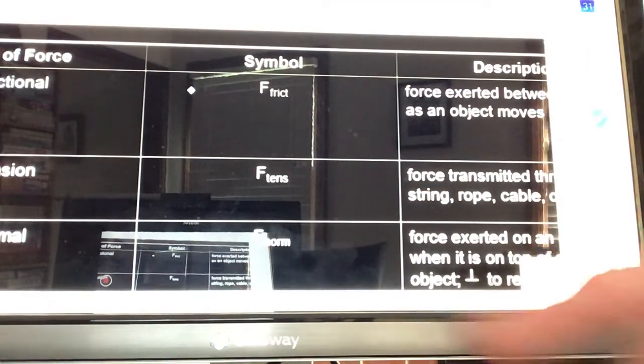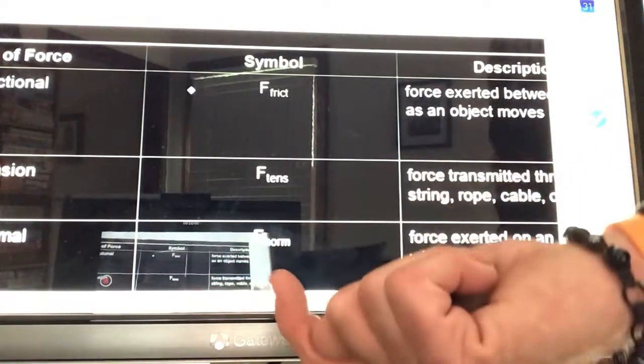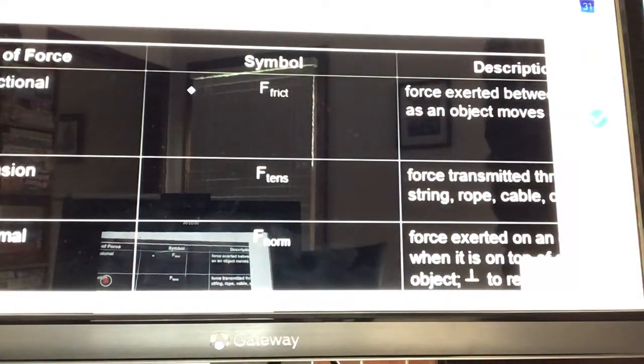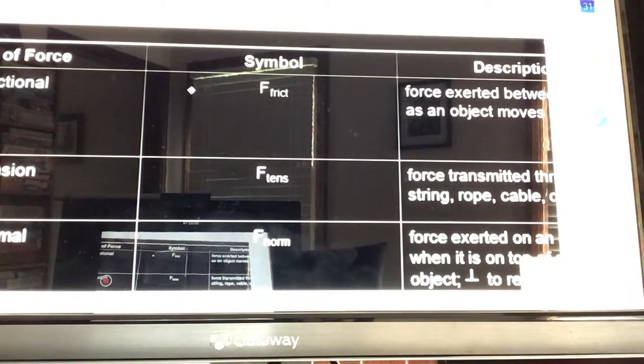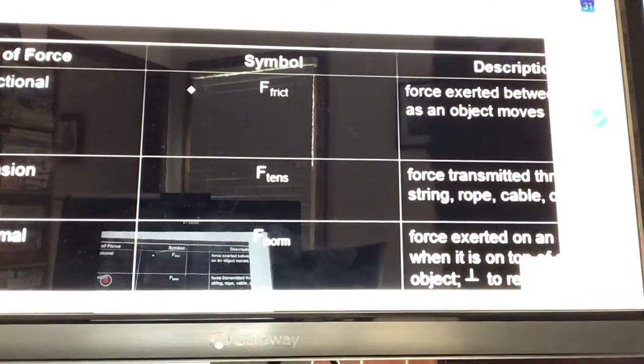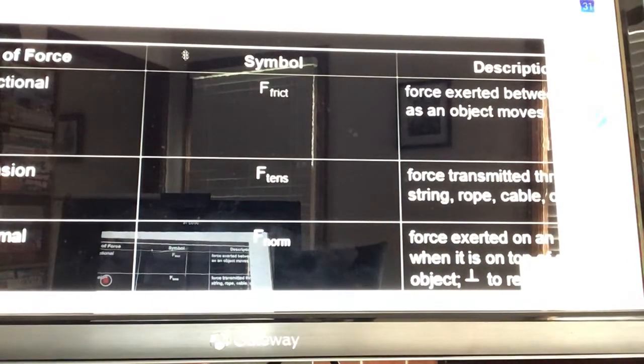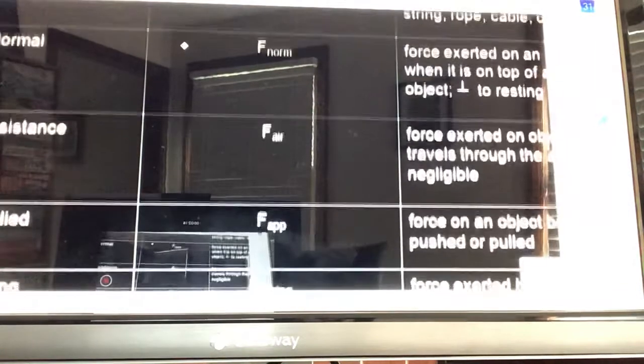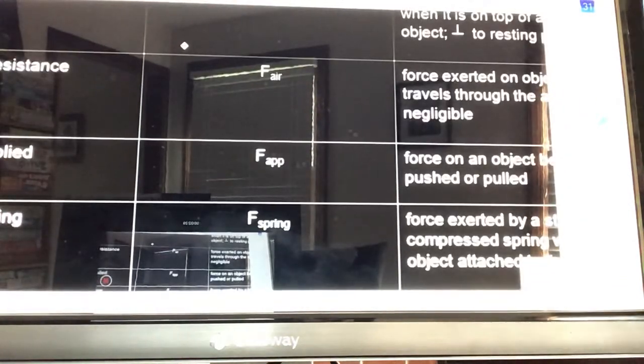The normal force is always pushing up on an object. Could be a table pushing up on a book, a road pushing up on a car, the snow and ground pushing up on a sled. The other types of forces, we've got F air resistance.